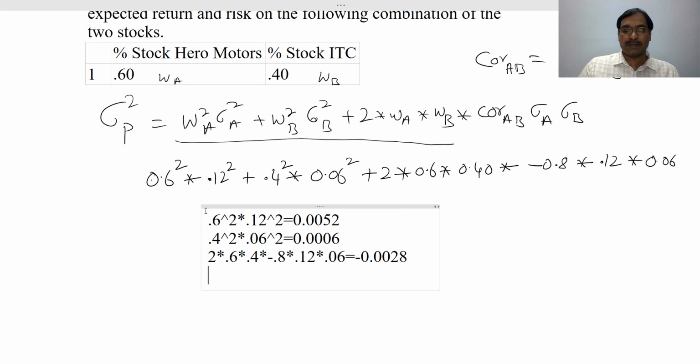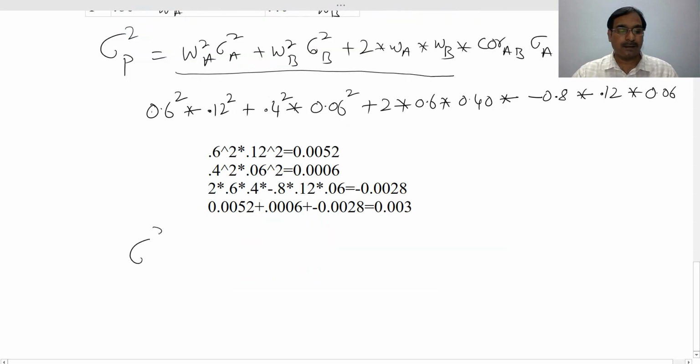So you get a minus value. Then 0.0052 plus 0.0006 plus minus 0.0028. Variance of the portfolio equals 0.003.